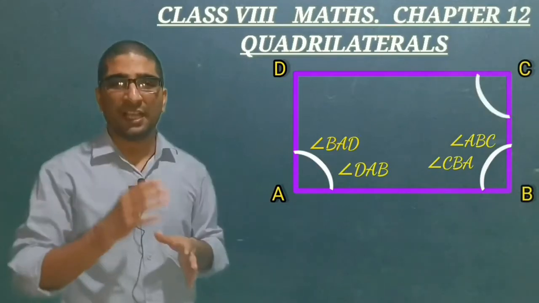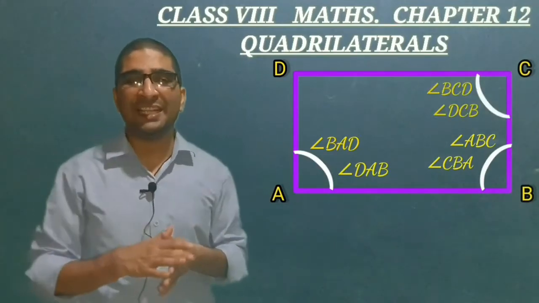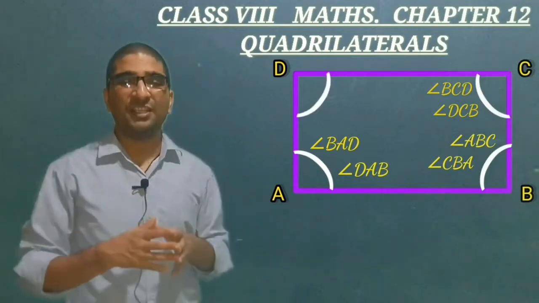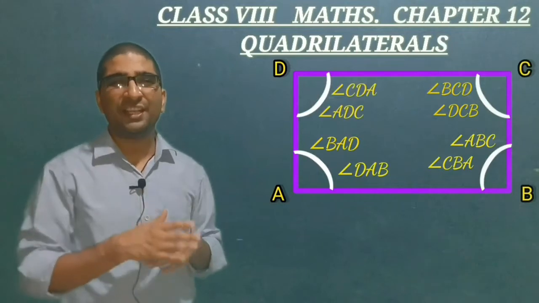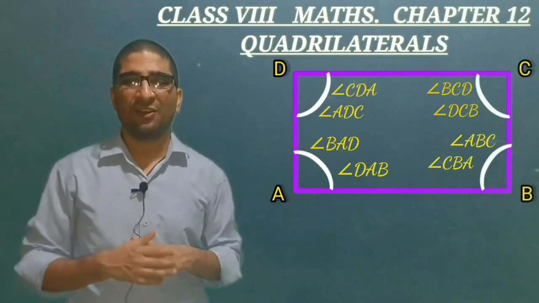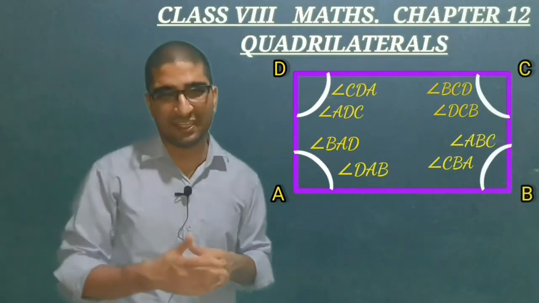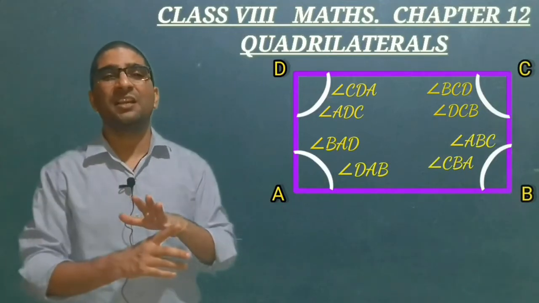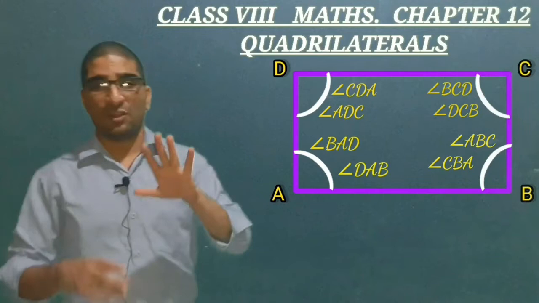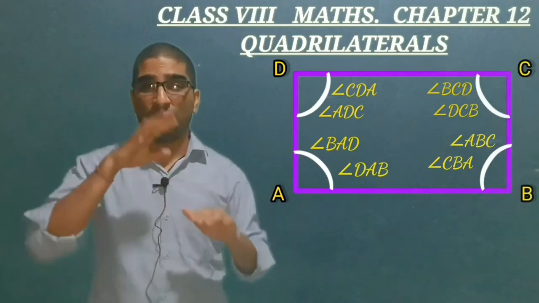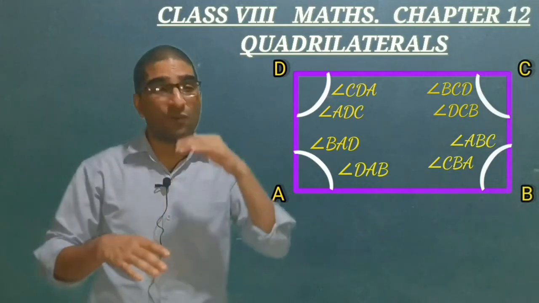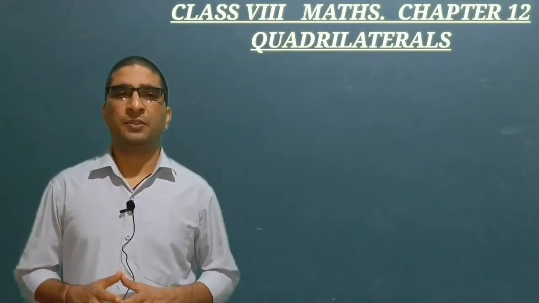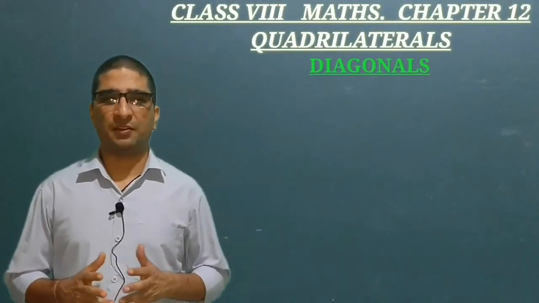At C, angle BCD or DCB. At D, angle CDA or ADC. So from here we have understood that in a quadrilateral there are 4 sides, 4 angles and 4 vertices.